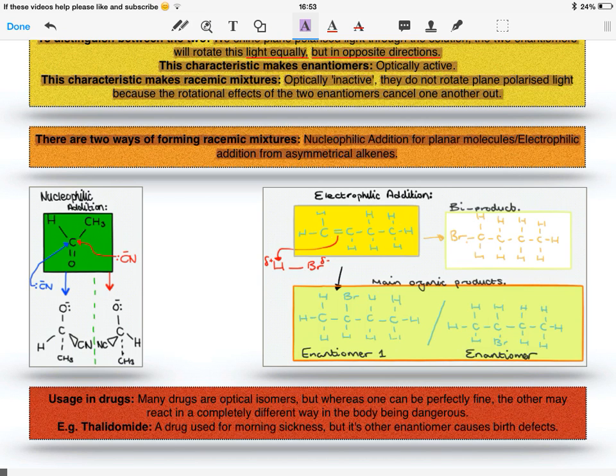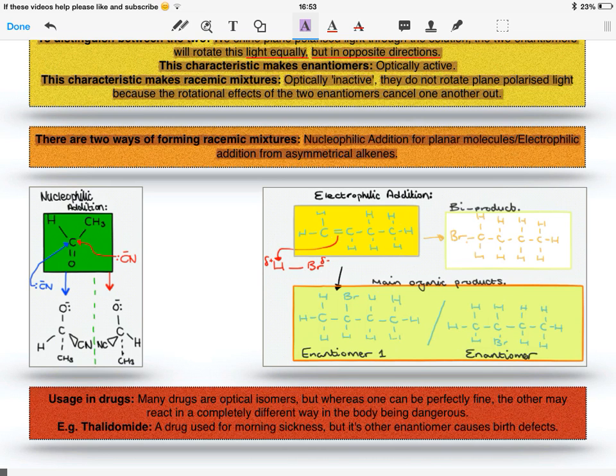The other route is electrophilic addition, and this is where we have our asymmetrical alkene, and this attacks HBr, but it could easily be HCl, HI, HF, so don't get too comfortable with HBr. This forms 2 possible things.